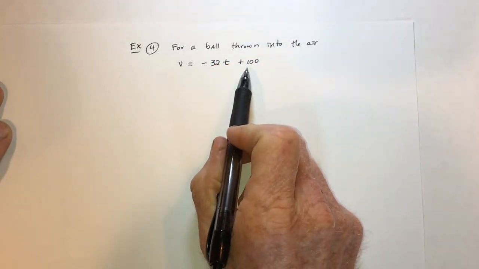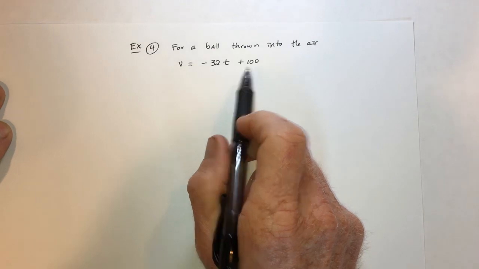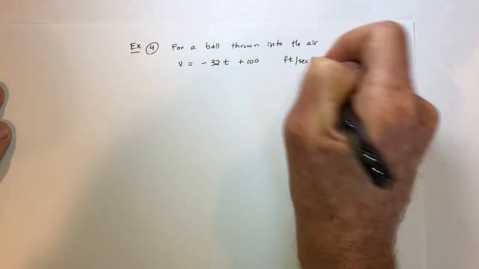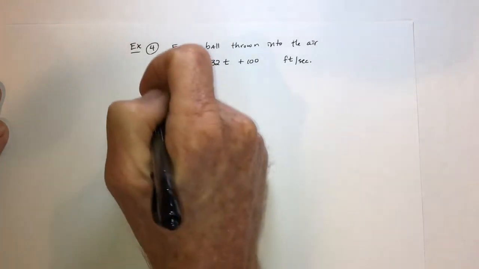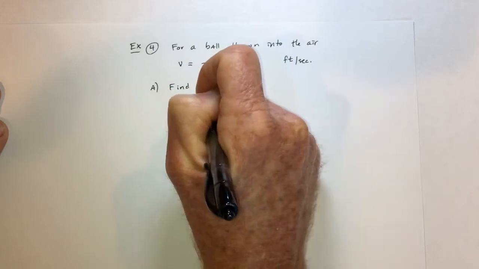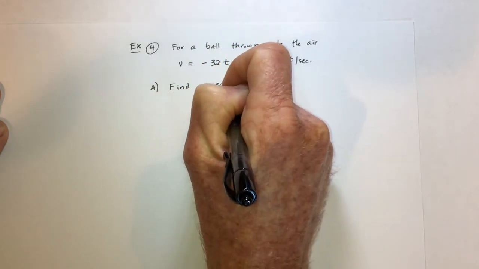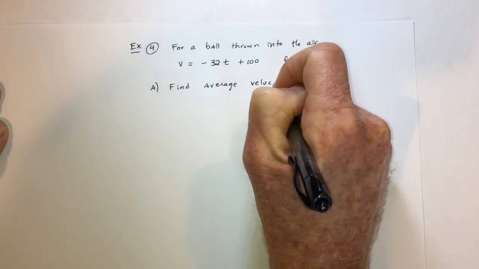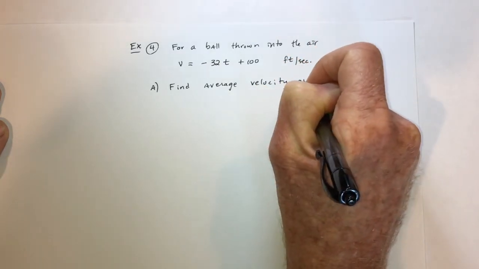So this is if the initial velocity was 100 feet per second. So this is in feet per second. Then for part A, find the average velocity over the first 2 seconds.